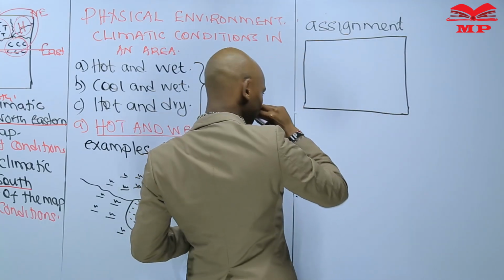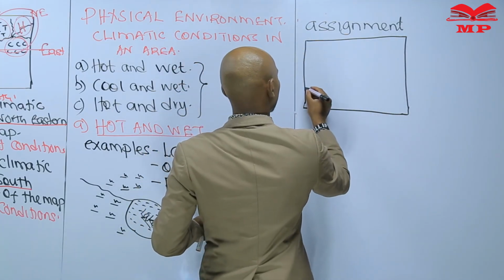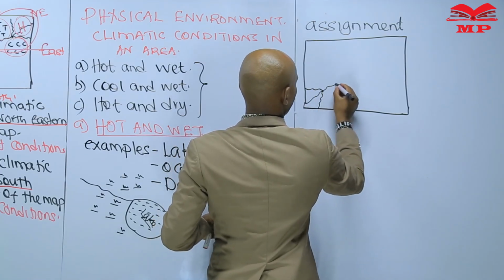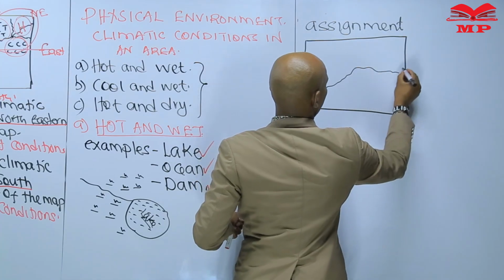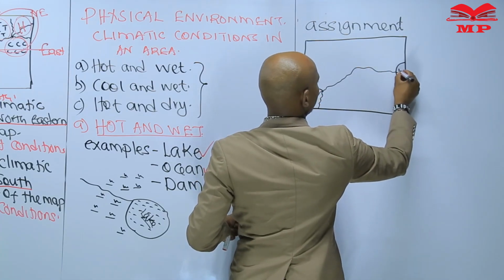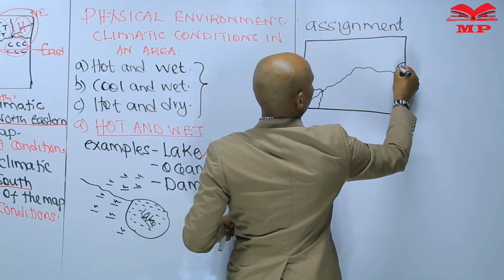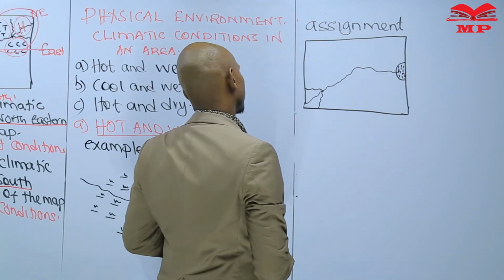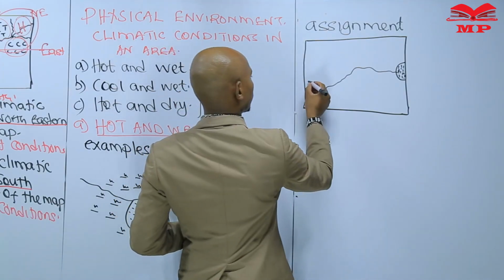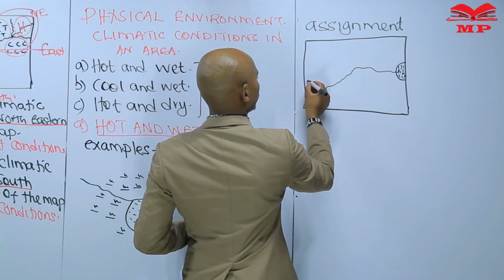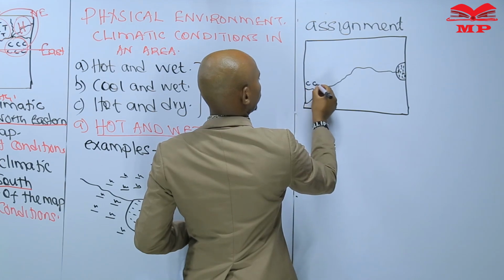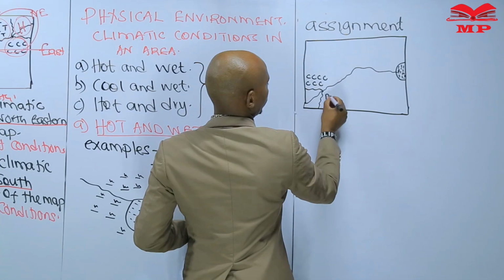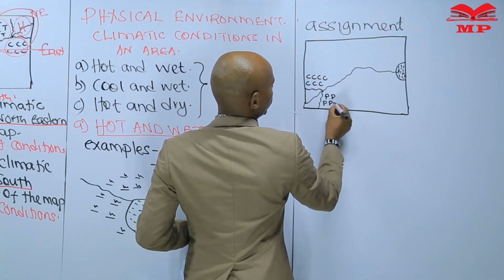That is our map, and that is my river, for instance. That is the river, and there is a lake, and there is a lake there, and there is a lake there, and here we have coffee plantation, and we have pyrethrum plantation in the lower part.